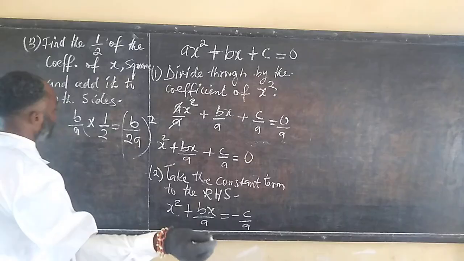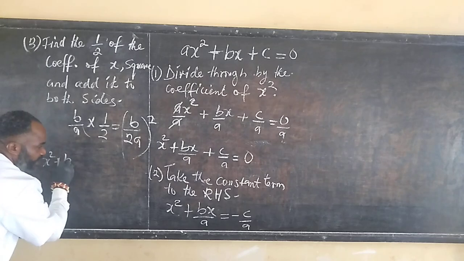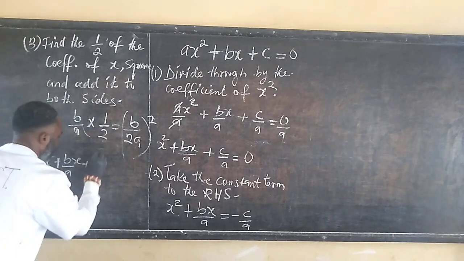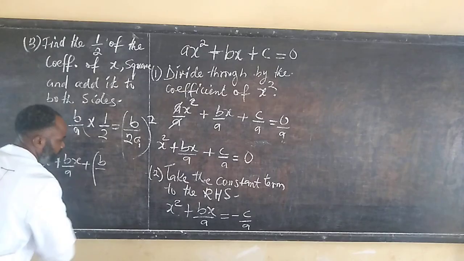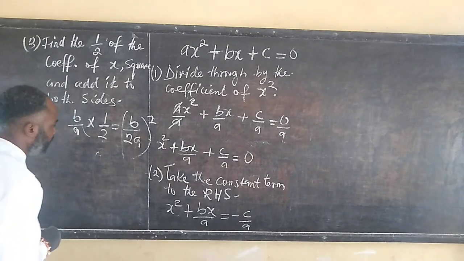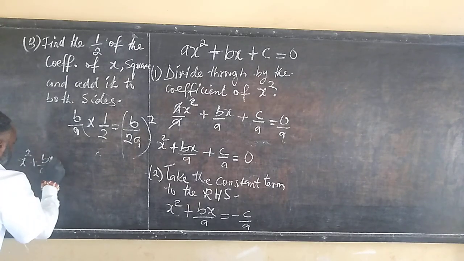We come back here, we have x squared plus bx all over a plus b over 2a squared equals minus c over a.